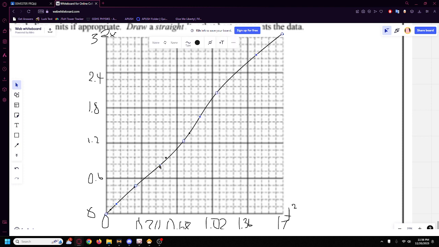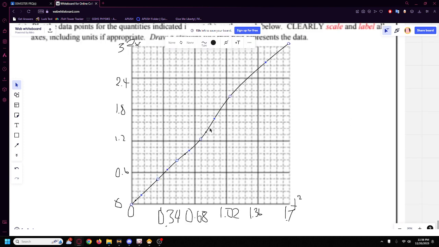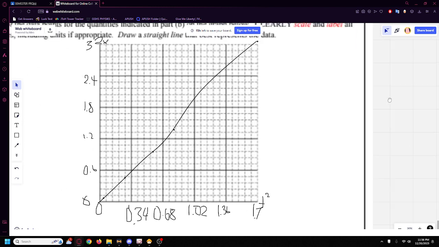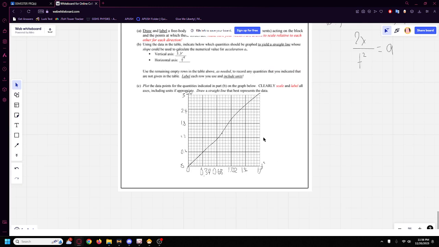I'm just connecting the lines a little bit. The graph is something like that.